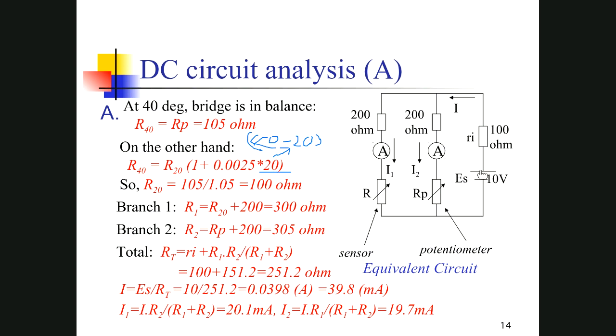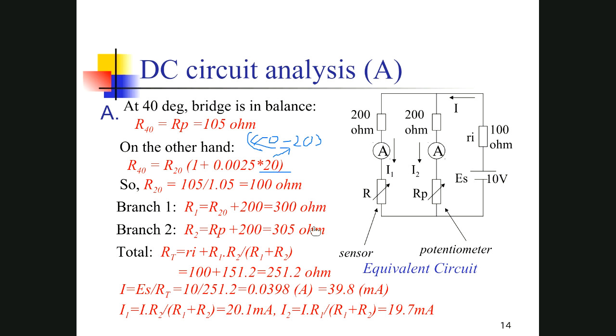For branch 2, there is no change. That is, the potentiometer has 105 ohms and the fixed 200 ohms, together 305 ohms. Because now the temperature is down to 20 degrees, in branch 1 the R gets smaller, which is 100 ohms.